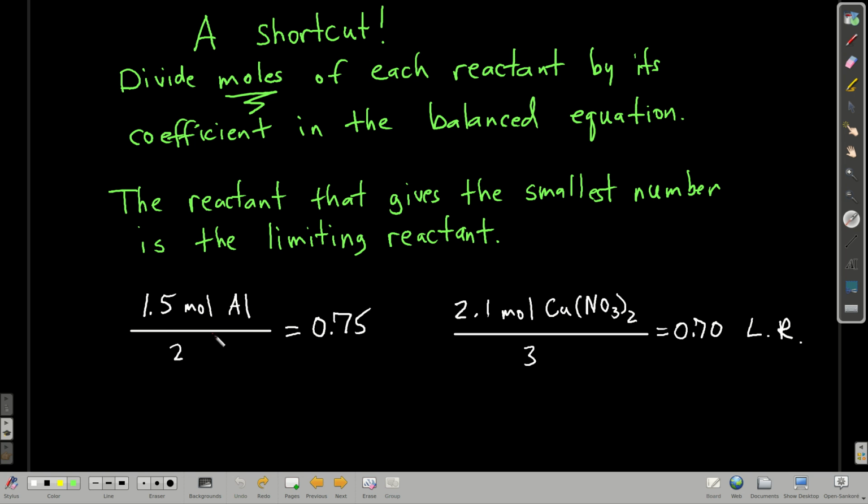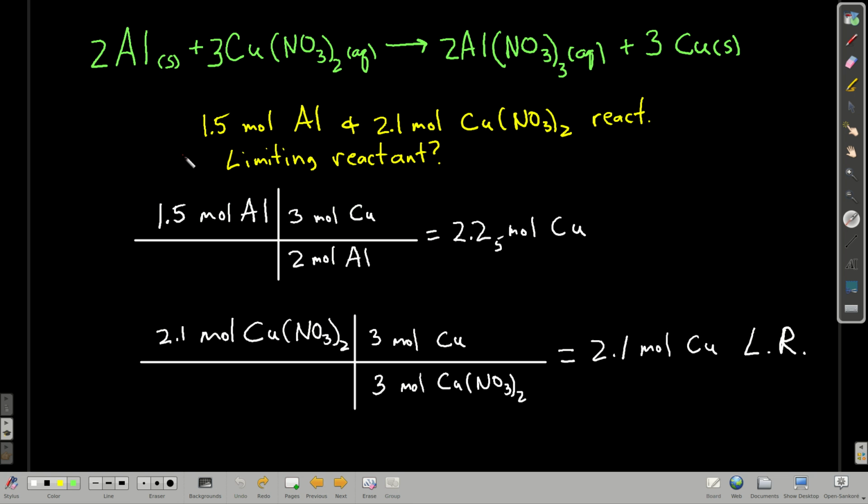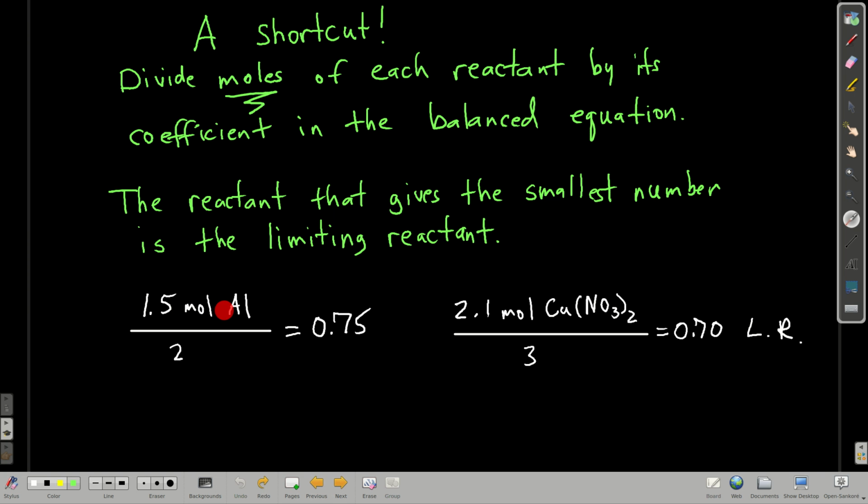So in our example we just did, we had 1.5 moles of aluminum, and remember the coefficient for aluminum was 2, coefficient for copper 2 nitrate is 3, so if we take 1.5 moles of aluminum divided by 2, we get 0.75. Do the same thing for copper 2 nitrate, dividing by 3, because its coefficient was 3, you get 0.70. Well, 0.70 is less than 0.75, so we know right away that copper 2 nitrate is the limiting reactant. This is the way I do it. It's quick and it always works.